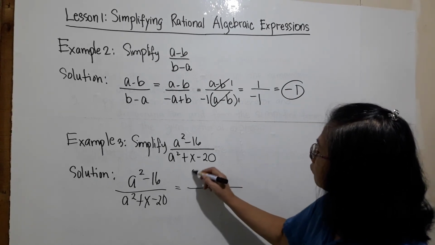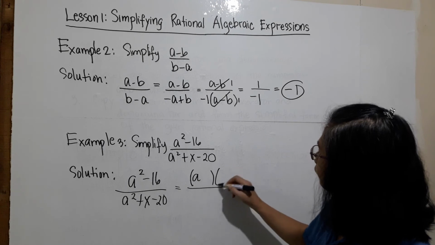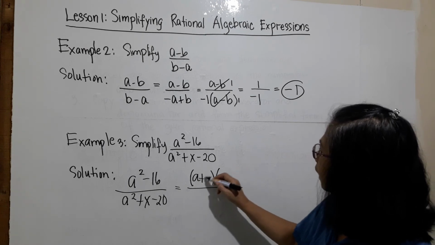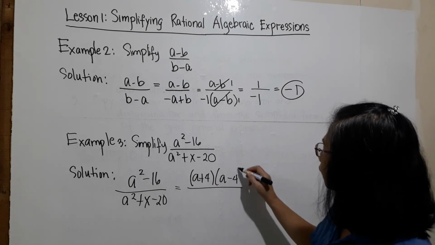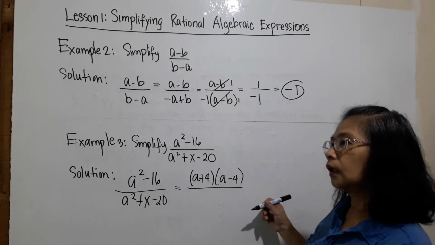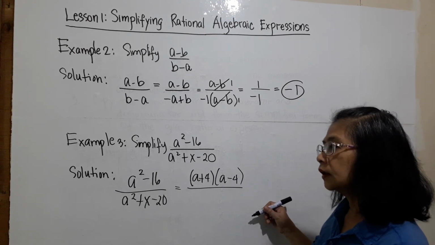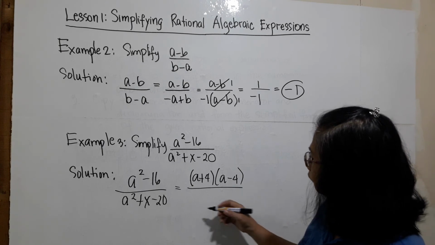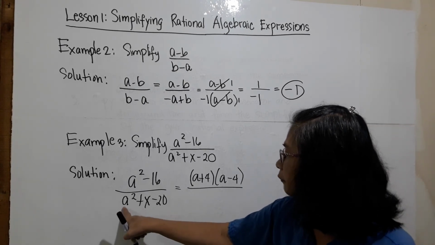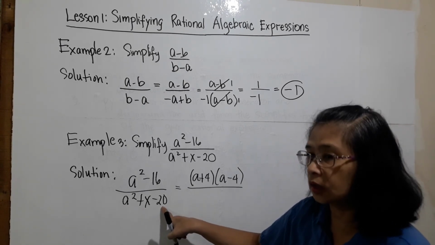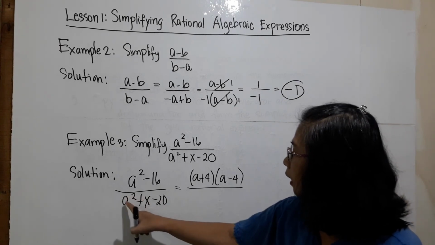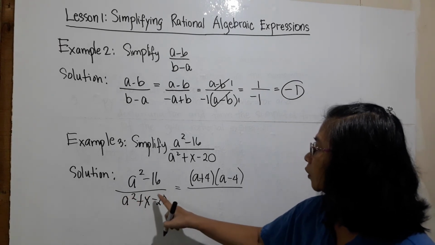So we have a plus 4, a minus 4. Remember factoring? The lessons that we had in chapter 1. In the denominator, this is a perfect square, but 20 is not. So this is an example of a general trinomial.